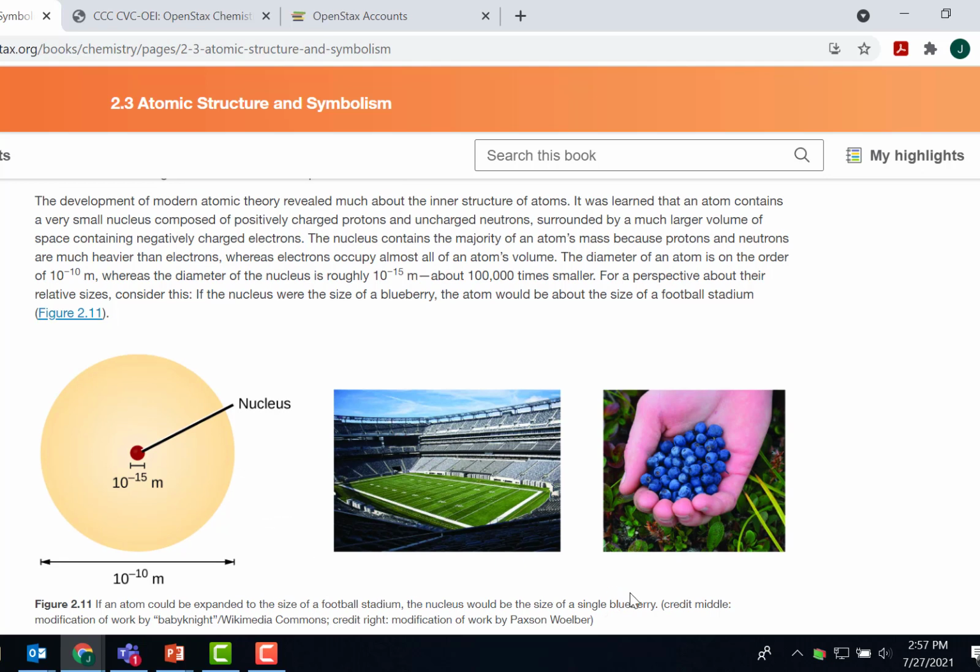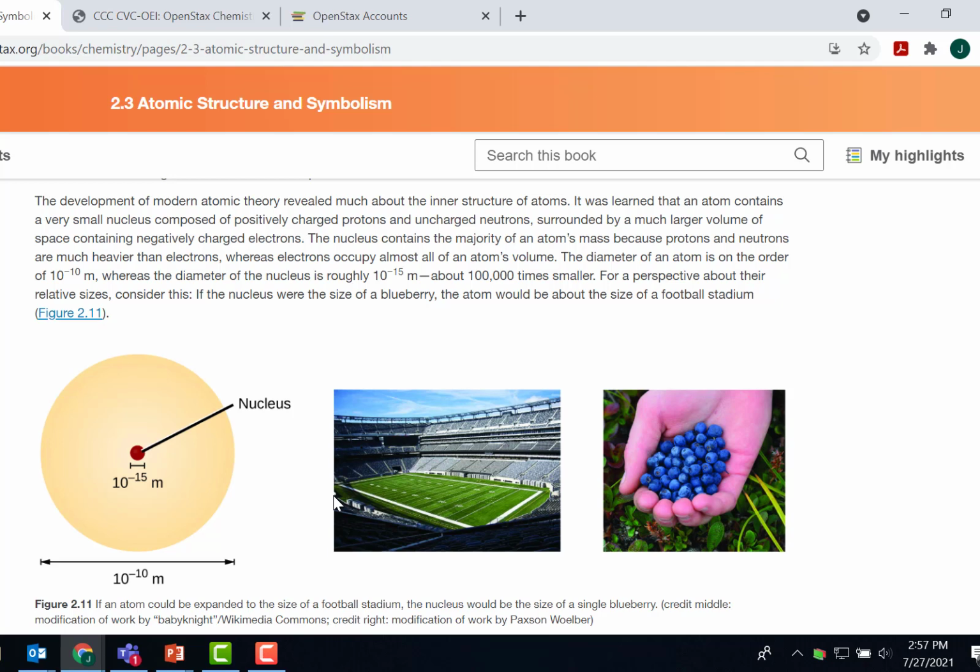If we had a nucleus the size of a blueberry, just one blueberry, and we put that in basically the center of a football stadium, that football stadium would be the size of the atom. So the atom would be the size of a football stadium, and the whole stadium is empty except for that one blueberry. Now that blueberry would have an enormous mass.